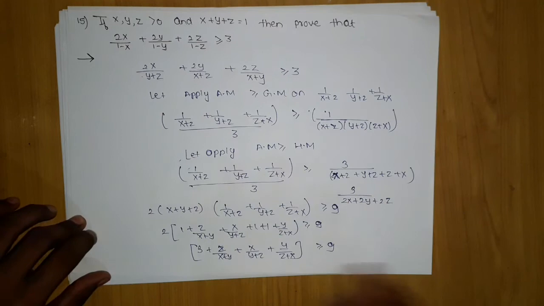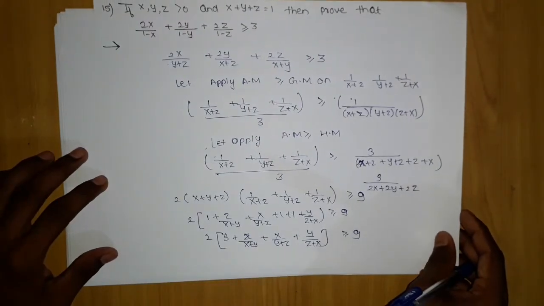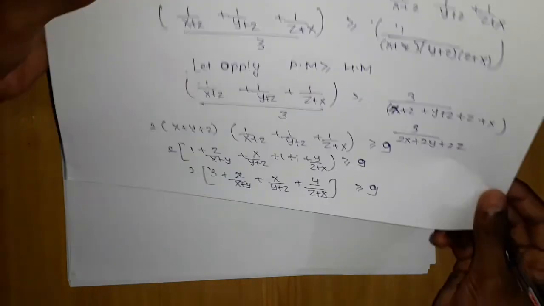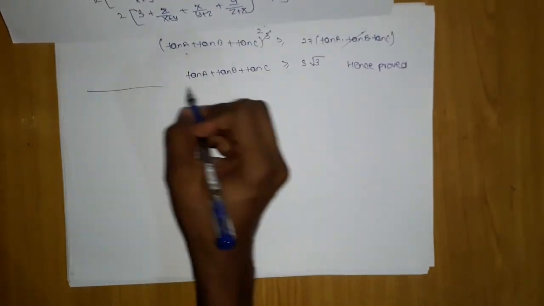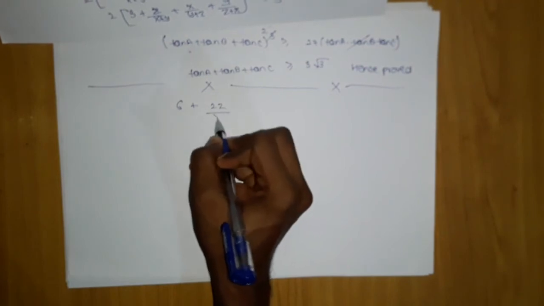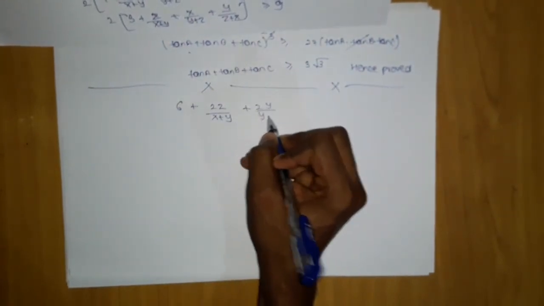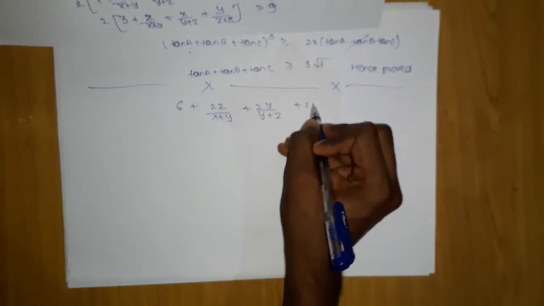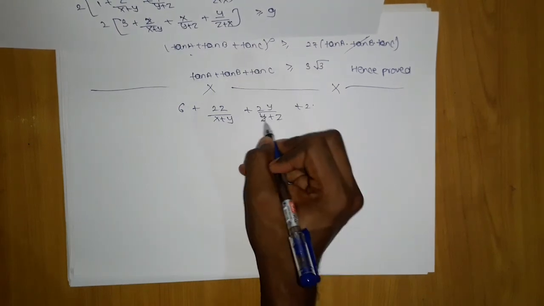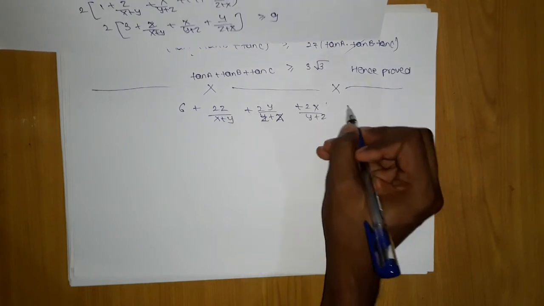If I multiply it by 2, now you can clearly see the proof which we wanted. We can now get it. If I multiply by 2, this was the previous problem, it will be 6 plus 2z upon x plus y, 2y upon z plus x, and 2x upon y plus z, is greater than or equal to 9.